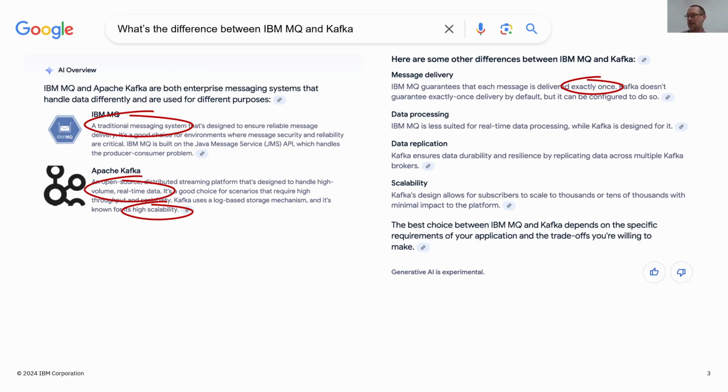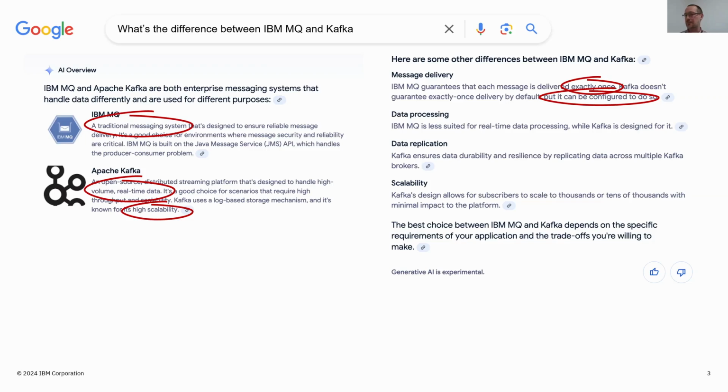It's a fair statement, but it doesn't mention that Kafka can do close to exactly once delivery, but to do that you have to switch a load of the benefits of Kafka off. So there's definitely some detail missing in this high-level summary.